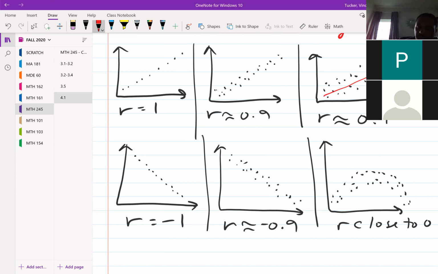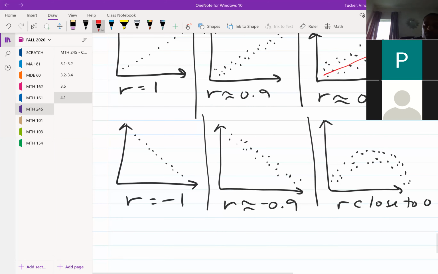The same thing happens on the negative side as far as negative associations. Going in a straight line will be -1. As you start to expand from that and deviate, it will move you closer and closer to 0. For that sixth one, there is an association, here's the arc, but R will be close to 0 in this case because remember, R represents a linear association.